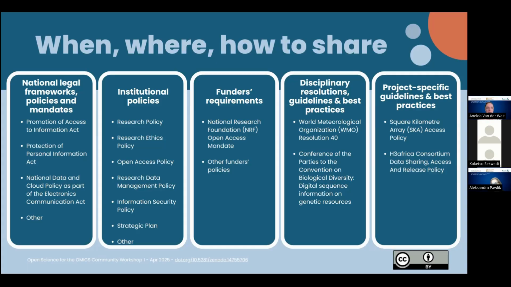So they have cemented some of the open science practices within physics over many, many years. So in your discipline, there are also specific standards and expectations. And then, of course, you as a researcher in a project, you might set up your own practices and expectations for your research project. Or if you're joining a project, it's really good to find out if the project has very specific data sharing, access and release policies, and so on.